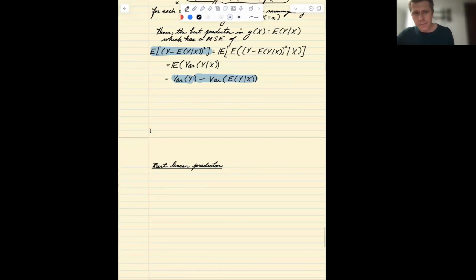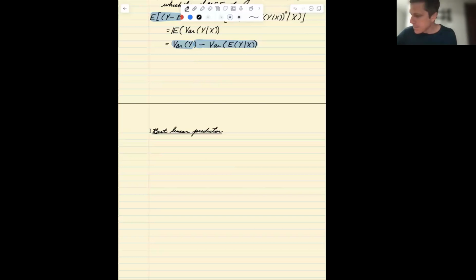So a predictor of the form g(X) equals a plus b times X. This is now a function of capital X, but a specific linear form. We call it a linear predictor.